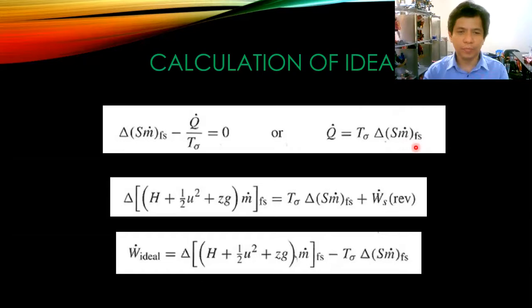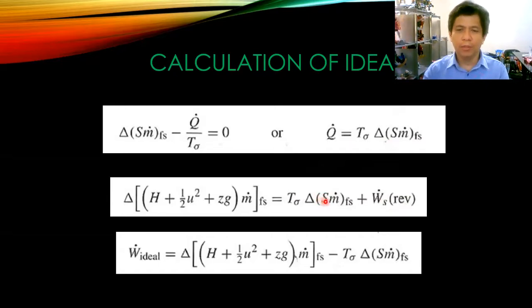No? And then let's recall the general energy balance equation wherein we're going to consider the W as reversible. So when the work is reversible, we can replace Q right here with T sigma delta S M dot Fs. Remember, Fs is flow stream, no? So this is our current equation.